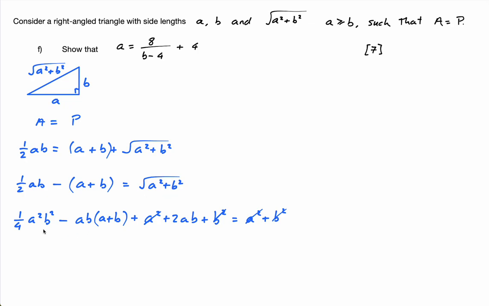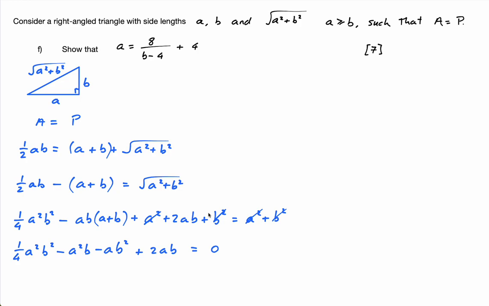Okay, now I have a quarter A squared B squared minus A squared B minus AB squared. I've just multiplied out this bracket, plus 2AB equals 0 because I've subtracted both of these.